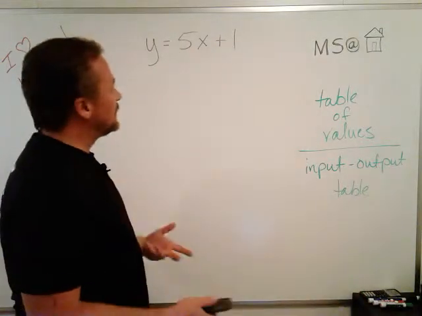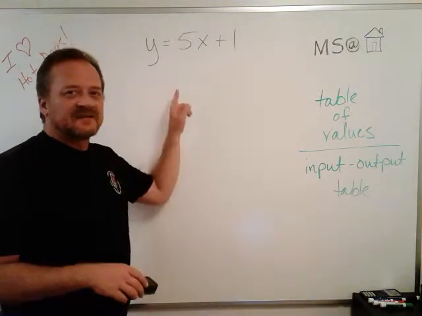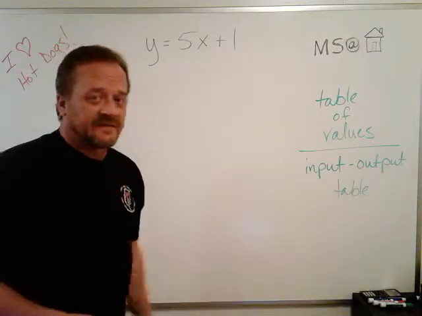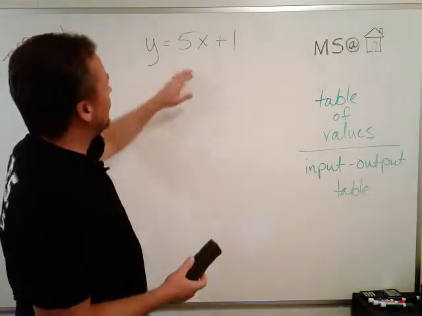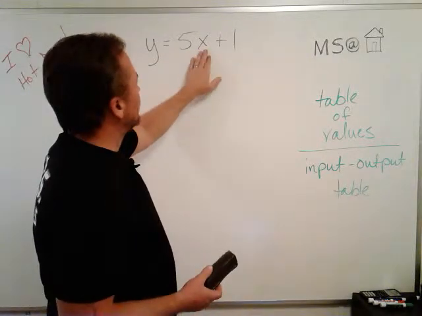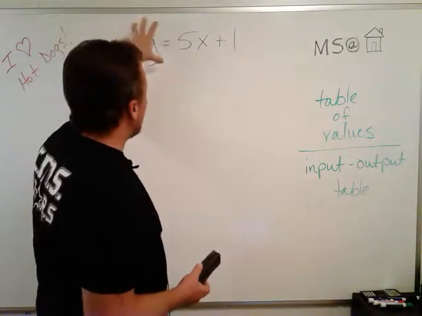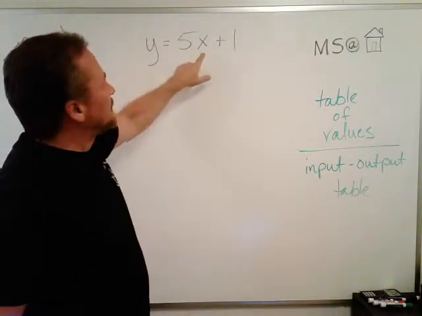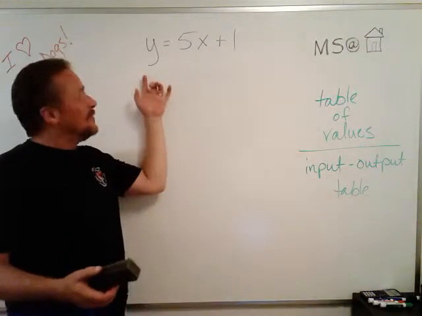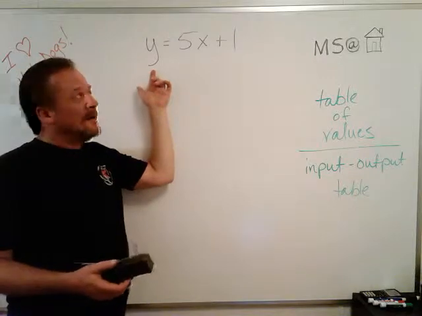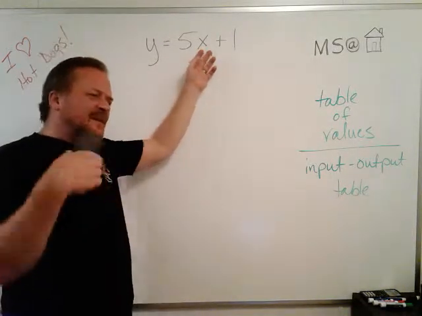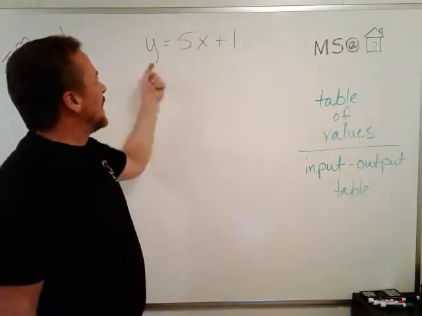The reason we have to solve this using a table of values is because it doesn't have one right answer like we were dealing with previously, okay? Remember when we had our mystery number and 5 times the mystery number plus 1 gave us one specific number? Then there was only one value for x. But now that we don't know what that is, there can be infinitely many solutions, infinitely many answers for x and y.